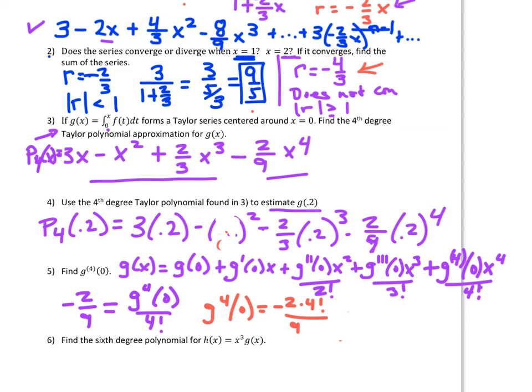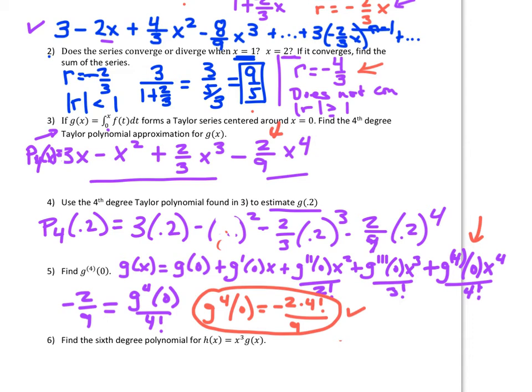Done. I won't even simplify that. There you are, done. Students get stuck on this, but that's all it is right there. And finding the patterns that relate this to this, and you should be good.